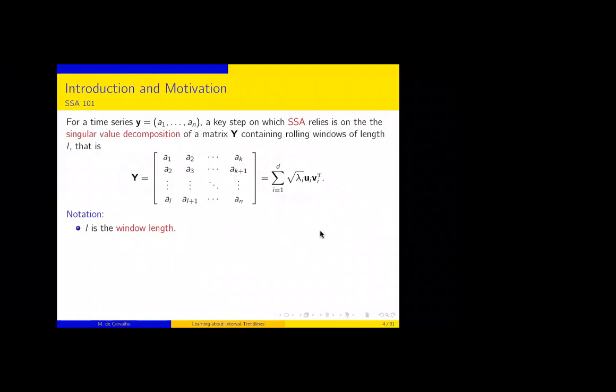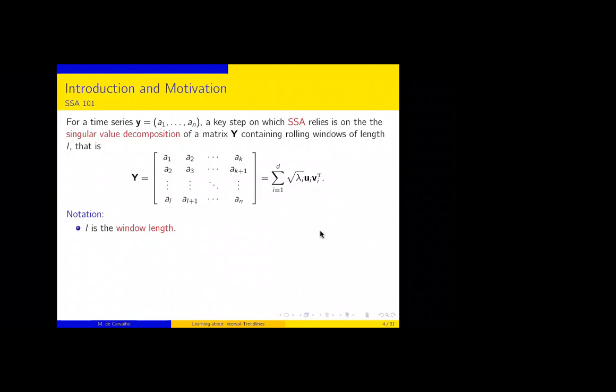And then you will want to reverse that process, because some of the elements in this sum will be the ones accounting for trends, some others will be accounting for cyclical movements, whereas some others will be responsible for noise.